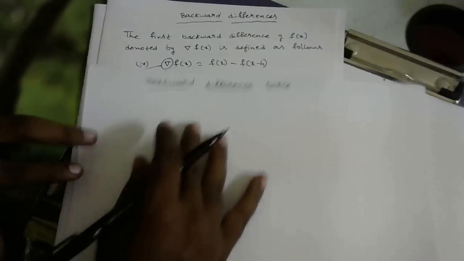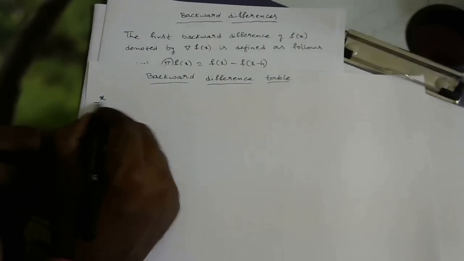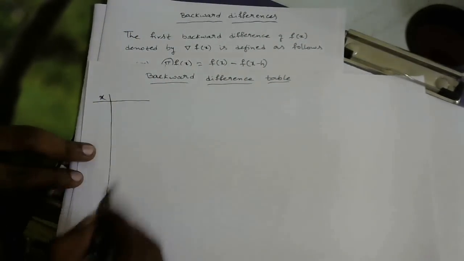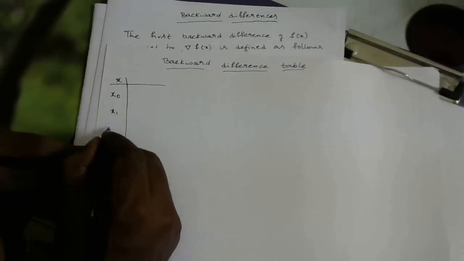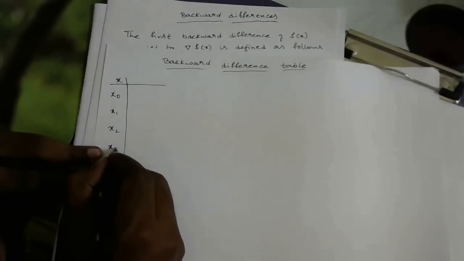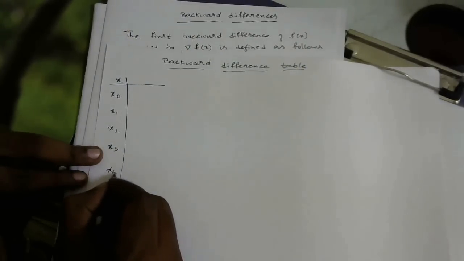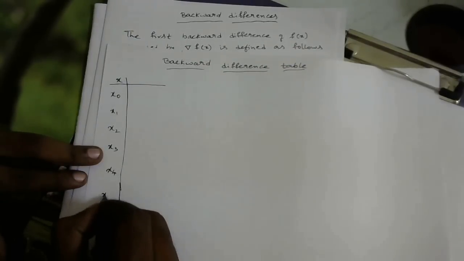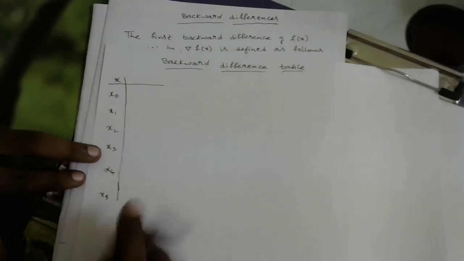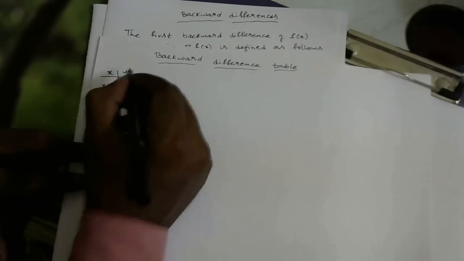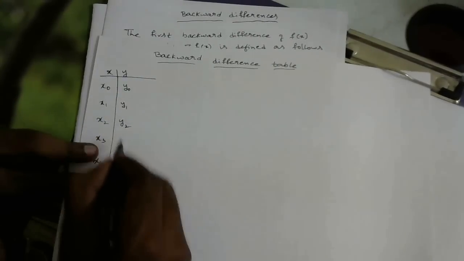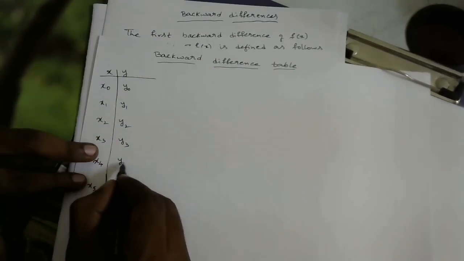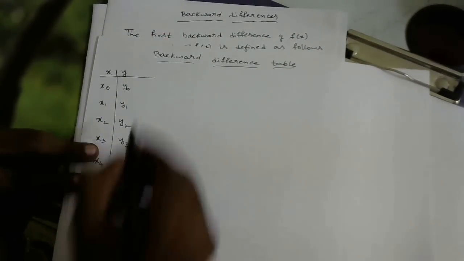Now here x values: x0, x1, x2, x3, x4 and x5. And y values: y0, y1, y2, y3, y4, y5.